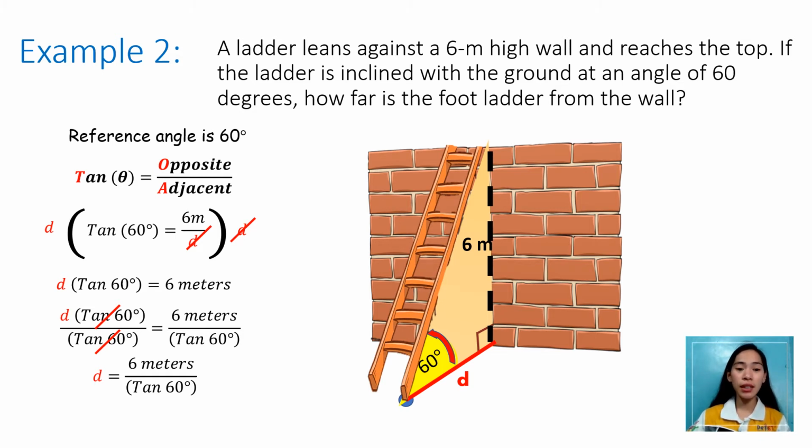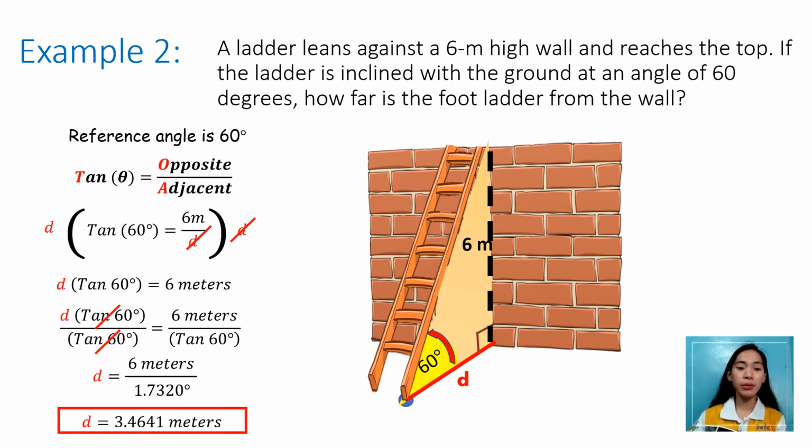Now, tangent 60 degrees we can solve through the use of a scientific calculator, right? You're going to type on your scientific calculator tangent 60 degrees, which would become 1.7320, or 1 and 7,320 ten-thousandths.